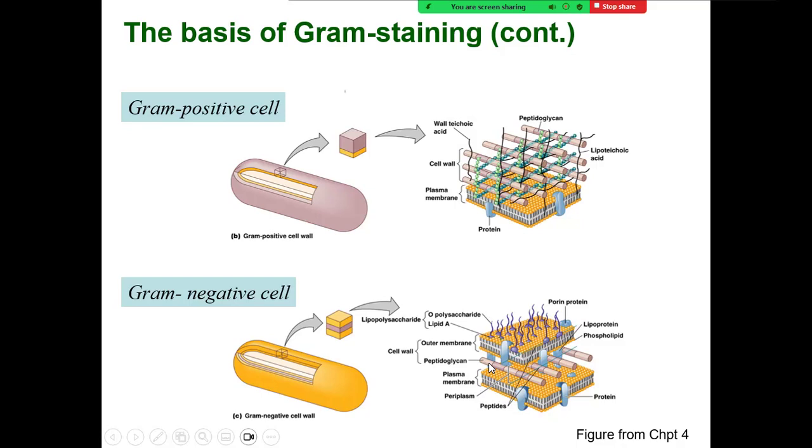Don't be mistaken by that. The peptidoglycan of the gram-negative cells is a couple of layers, between 3 and 20 layers of peptidoglycan. So it's more than just one layer. It's at least 3 and up to about 20. But it's thin, which is why the crystal violet iodine complex washes out of it.